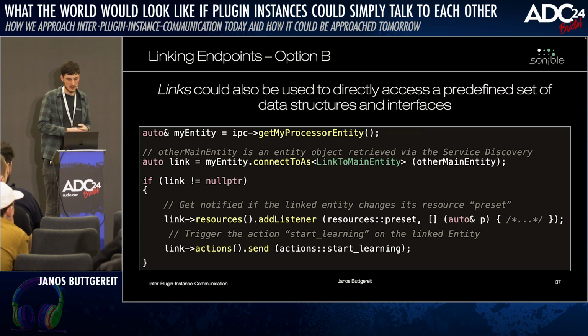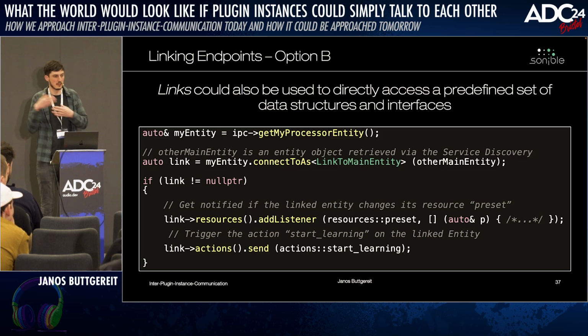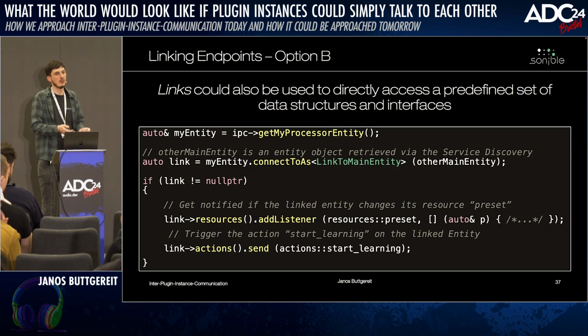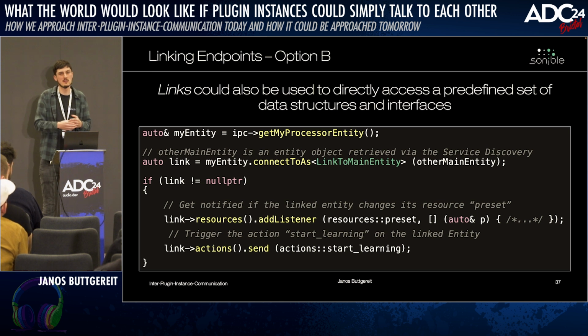So we define these things: actions, resources, parameters, and on every link, depending on the scope and the access rights, you can access the resources and the parameters on the other end, request them, set them, send actions, send stream updates, etc. This would allow for a much more clearly defined set of operations between plugins, but would also require us to agree upon a certain standard of what kind of stuff you should send over a link, and how you should represent this.